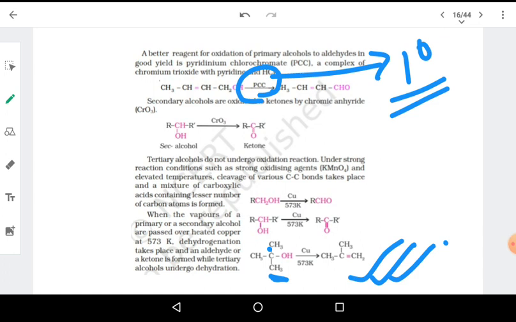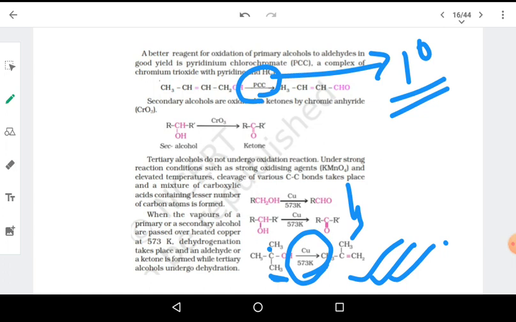From these two, we are removing a water molecule, and the process is called dehydration. So copper at 573 Kelvin, in the case of a tertiary alcohol, is going to carry out dehydration and not oxidation. That is important. Copper can be used for converting primary alcohol to aldehyde and secondary to ketone.